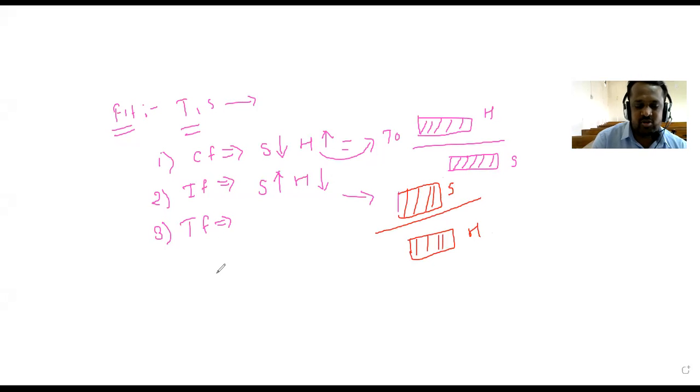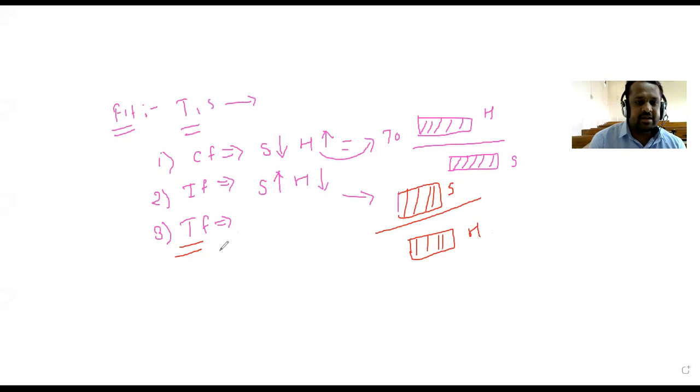And what is the condition for the transition fit? Remember that the transition fit shows the intermediate phase between the clearance fit and the interference fit.